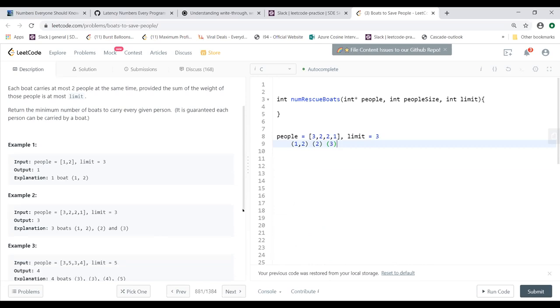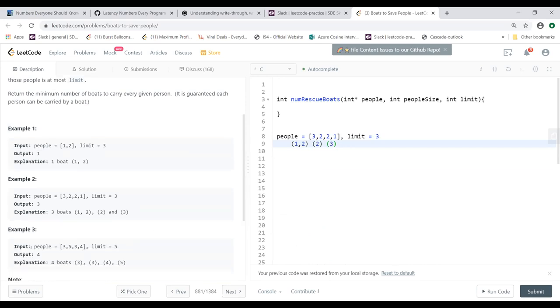Another example is similar to that. If you have an array like 3, 5, 3, 4, and the limit is 5, you'll need 4 boats. Whenever the limit is 5, only one person can be carried.